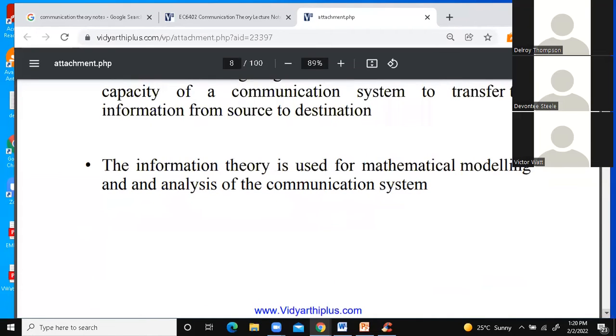Information theory is used for mathematical modeling and analysis of the communication system.